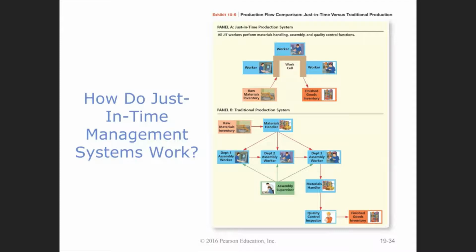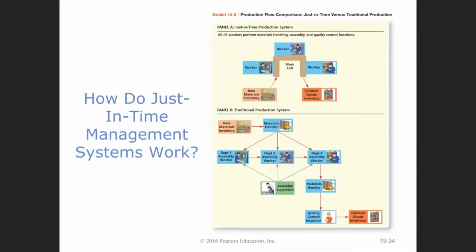The worker transmits information via their cell phone to another worker. Then eventually the item ends up in the finished goods inventory, and that is just in time. So it really goes around this quick little circle: raw materials to the person, to finished goods.